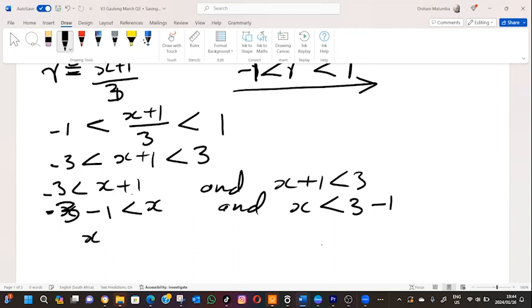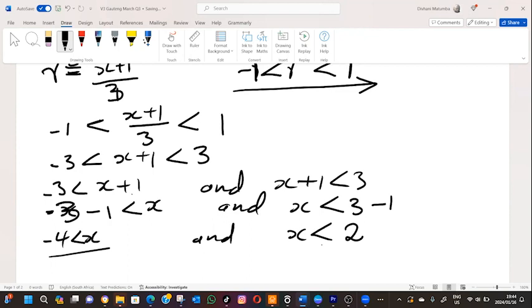So x, this will be a -4. So -4 is less than x, and x is less than 2.